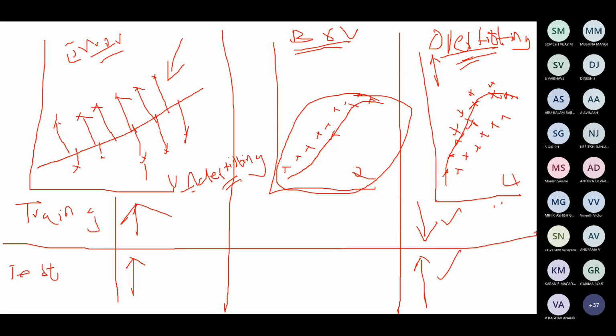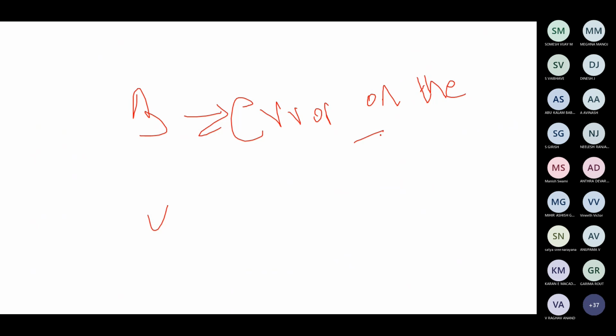Now I will tell you what bias and variance are. Bias means the error produced on the training data.